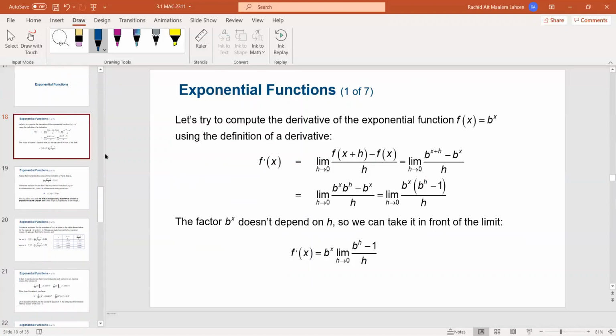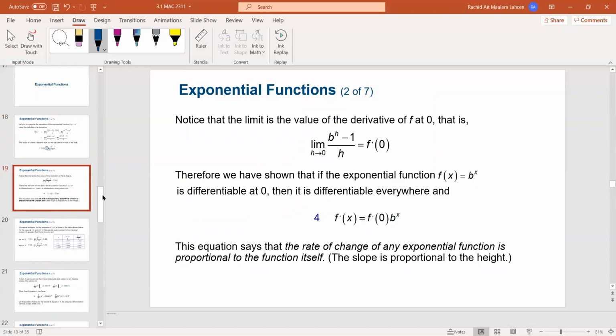We take the limit, which is the definition of the derivative, then we separate these two, and we're able to separate this one because here you're taking the limit in terms of h. This does not have h, so it's just like a number in this case.